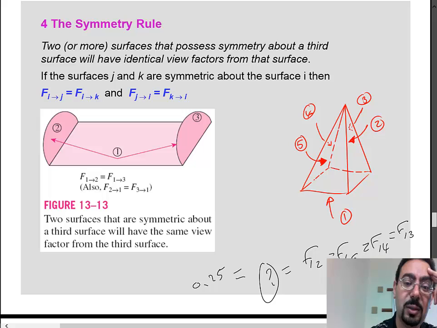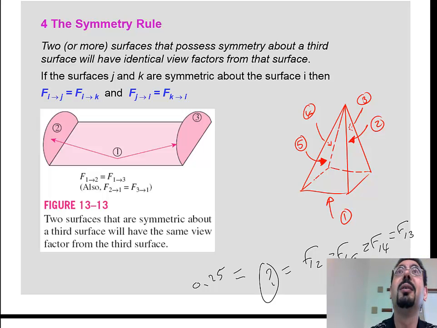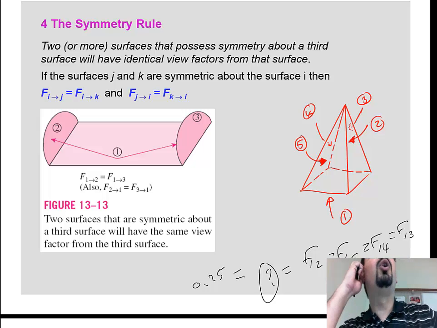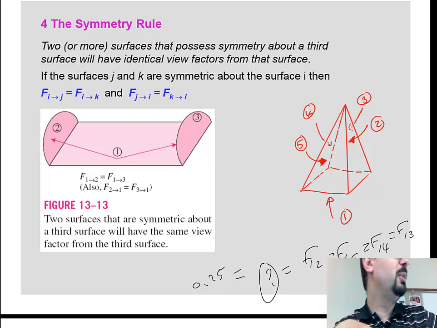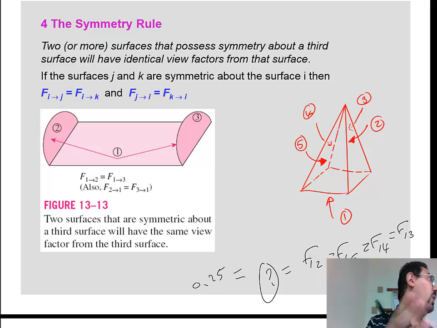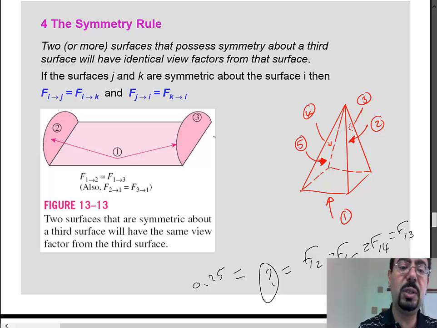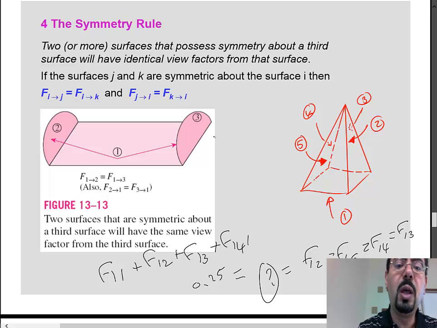Why, Robert? Why is it 0.25? They are all equal, and the summation rule. So it's the symmetry rule that says they are all the same, because why would any one of them get more? And on top of that, Robert used the summation rule, which says F11 plus F12 plus F13 plus F14 plus F15 must be 1.